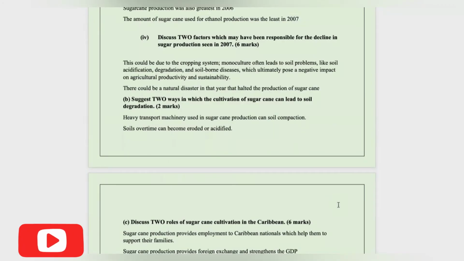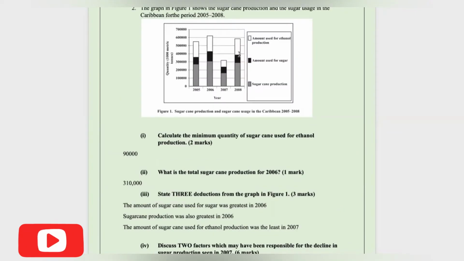Moving on to the next question, discuss two factors which may have been responsible for the decline in sugar production seen in 2007. So this could be due to the cropping system. Recall that the cropping system used for sugarcane production in the Caribbean is monoculture, and monoculture often leads to soil problems like soil acidification, degradation, and this can affect the plants, right?